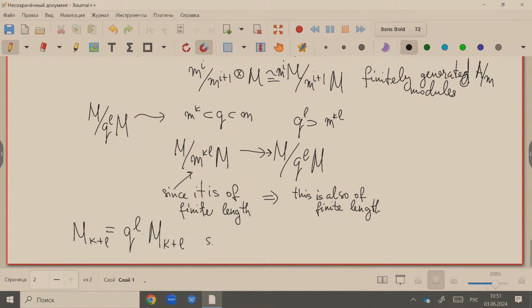If you have Mk, this can be written as q times l times m, so M_{k+l}, starting with some k.